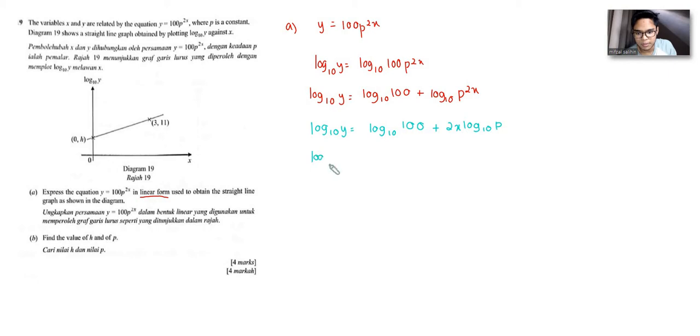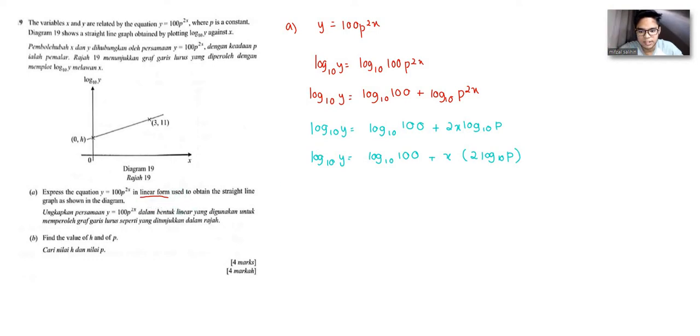Log10 y = log10 100 + x (2 log10 p). Alright, so now we have reduced everything into linear form.